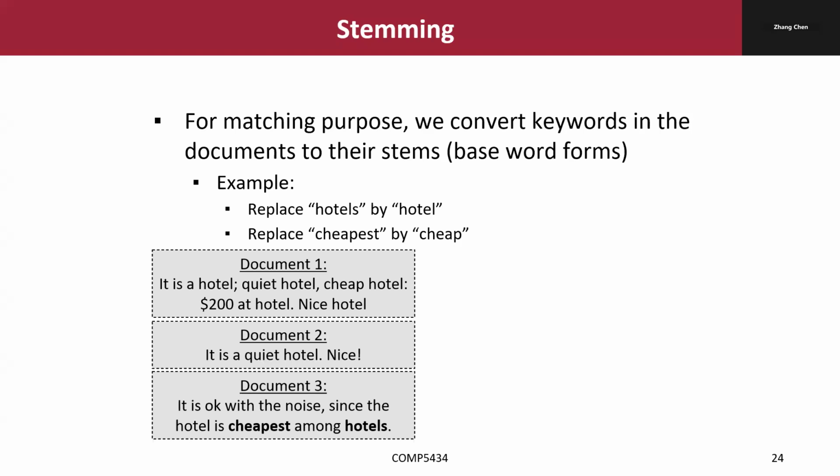And cheap and cheapest, right? Basically, they express the same idea, but their representations are variants; they look a little bit different from each other. So stemming solves the problem. It converts everything to its base term. For example, it will convert hotels to hotel, right? The cheapest to cheap.